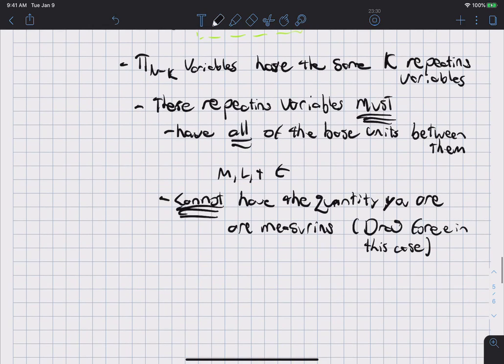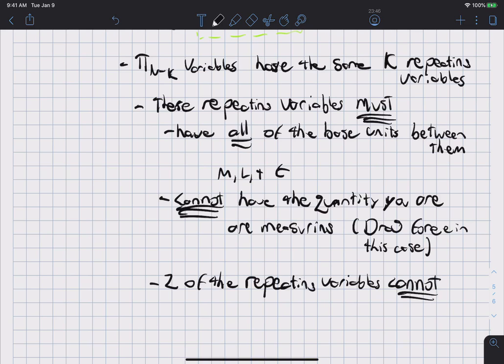And two of the repeating variables cannot have the same units.